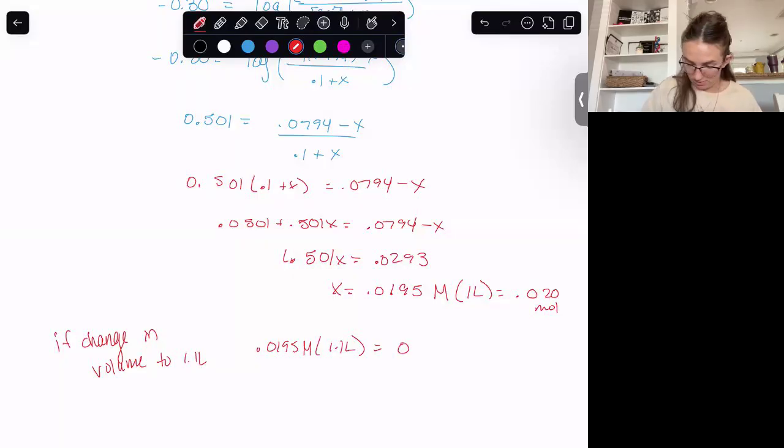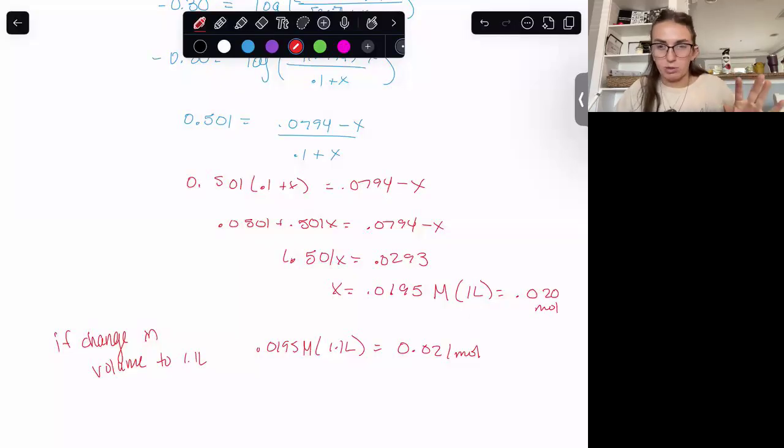So you would get 0.021 moles. Does that help your question, Charles? And did everyone understand why we were multiplying by 0.1, where that concentration came from?